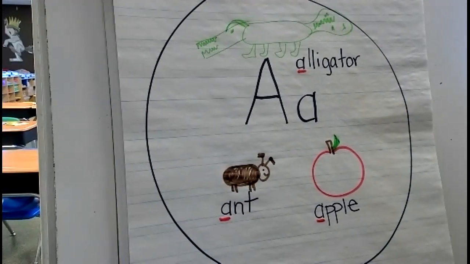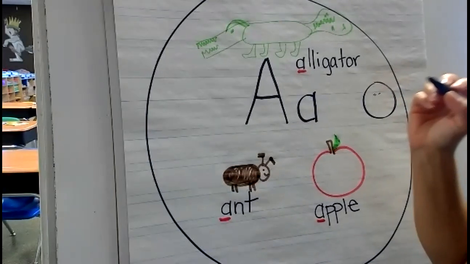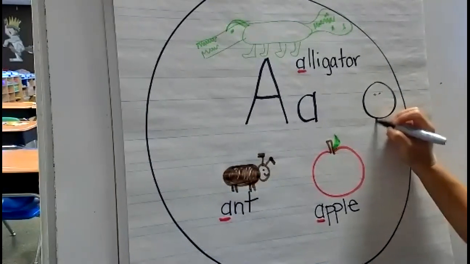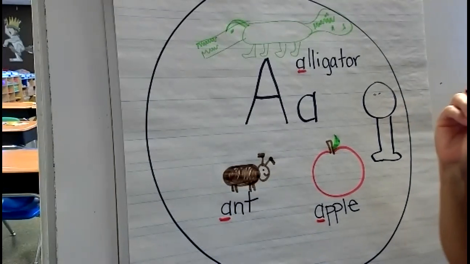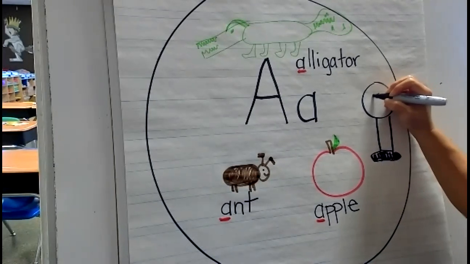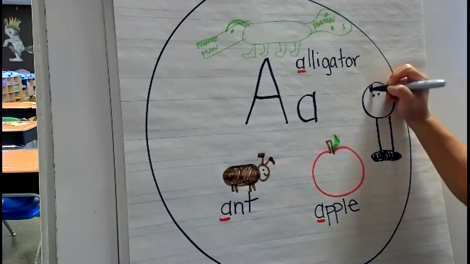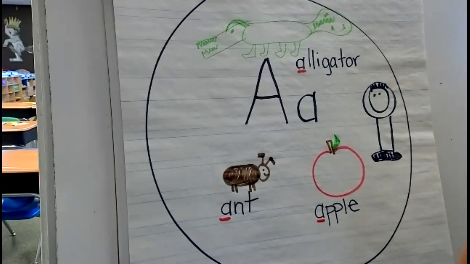Who else would know a different word that begins with ah? Astronaut. Yes. Who said that? Emilio. Emilio, muy bien, yes. Astronaut. So I'm going to do my best to draw my astronaut, okay? And let's see, his little hair and the big suit, because he's an astronaut.